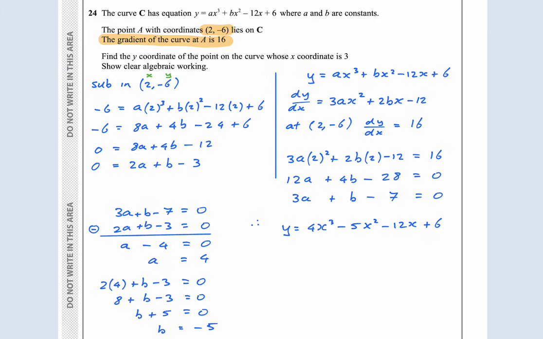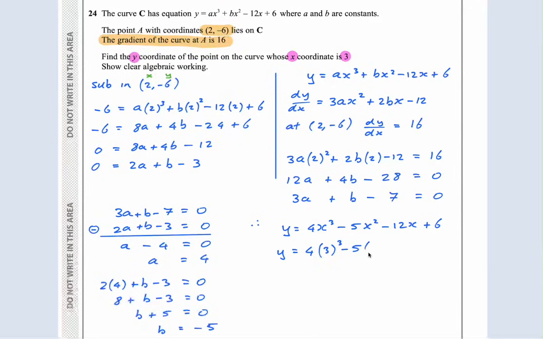Finally, he says, as if this wasn't hard enough, find the y-coordinate whose x-coordinate is 3. So, essentially, I need to sub in 3. So y is equal to 4 times 3 cubed, minus 5 times 3 squared, minus 12 times 3, plus 6. Now, hopefully, guys, this gives me the right answer, and I may as well just do all this on my calculator.